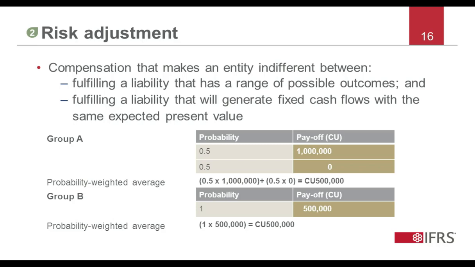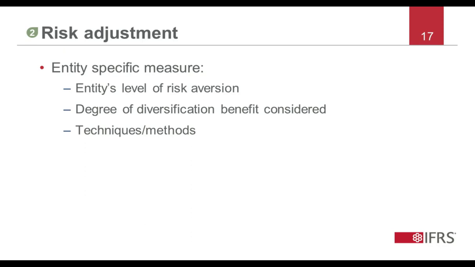Both Group A and Group B have the same probability weighted average of 500,000. For Group B, therefore, the risk adjustment would be the amount of compensation the entity needs in order to be indifferent between issuing Group A and Group B contracts.